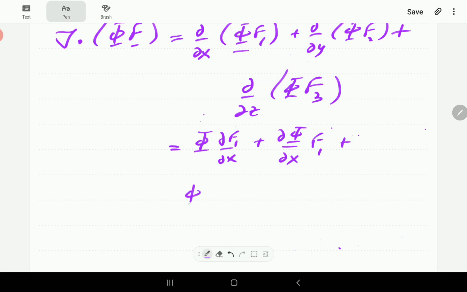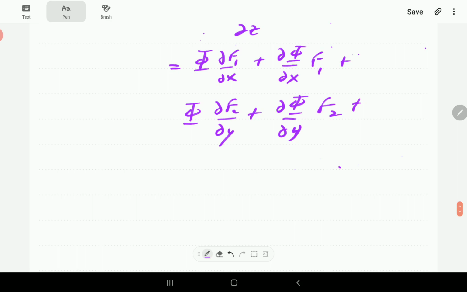Then similarly for the second term, we have phi times the y derivative of f2 plus the derivative of phi with respect to y times f2. And then for the third term, it's going to be phi times the z derivative of f3 plus the derivative of phi with respect to z times f3.